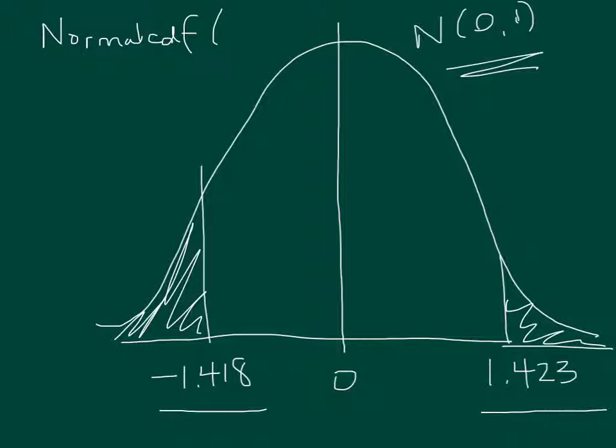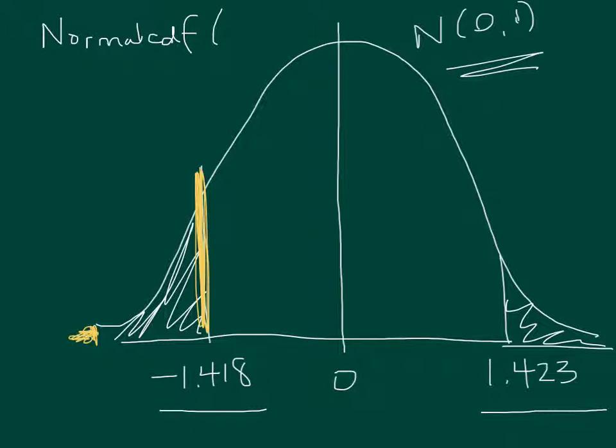And the inputs are lower bound, in other words, what's furthest to the left, and then upper bound, what's furthest to the right. And then since it's a standard normal, you actually don't have to put in mean or standard deviation.